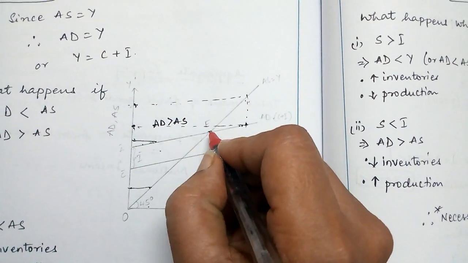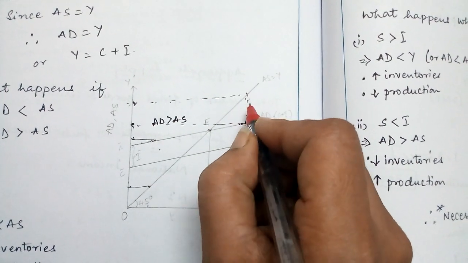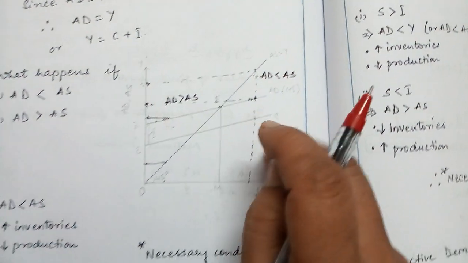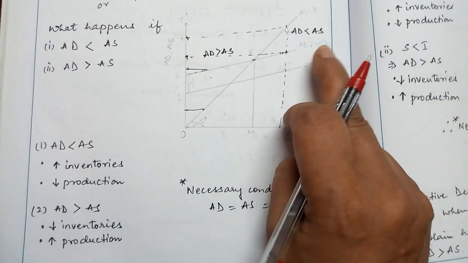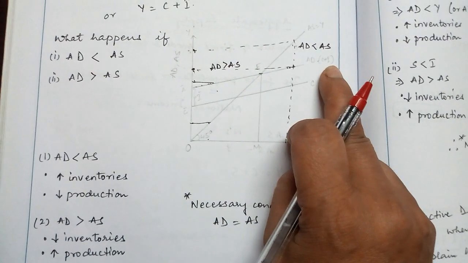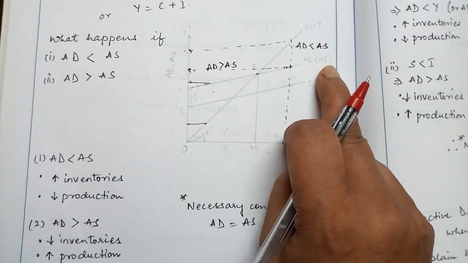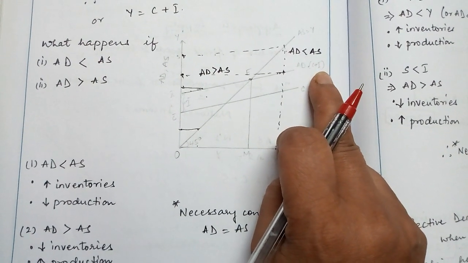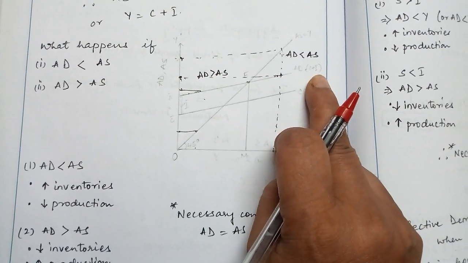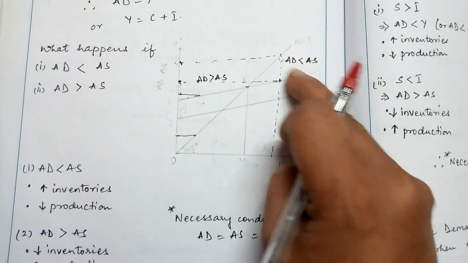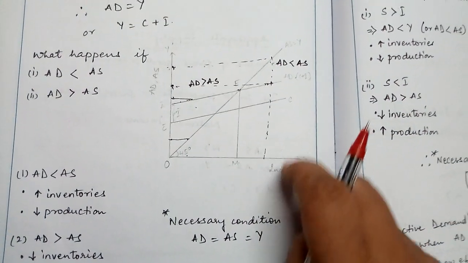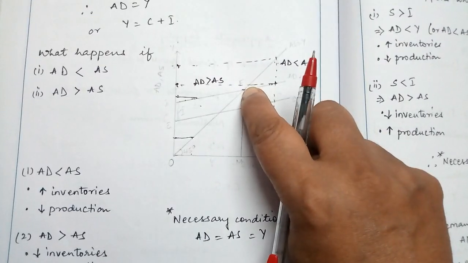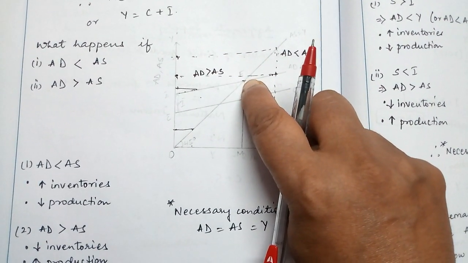So beyond E, above this over here, we find AD is less than AS. When demand is less than supply, the inventory stock piles up and production falls. When there is decrease in production, people lose their jobs. So we will find unemployment at this stage. So how long will this continue? This will continue as long as we reach the equilibrium point.